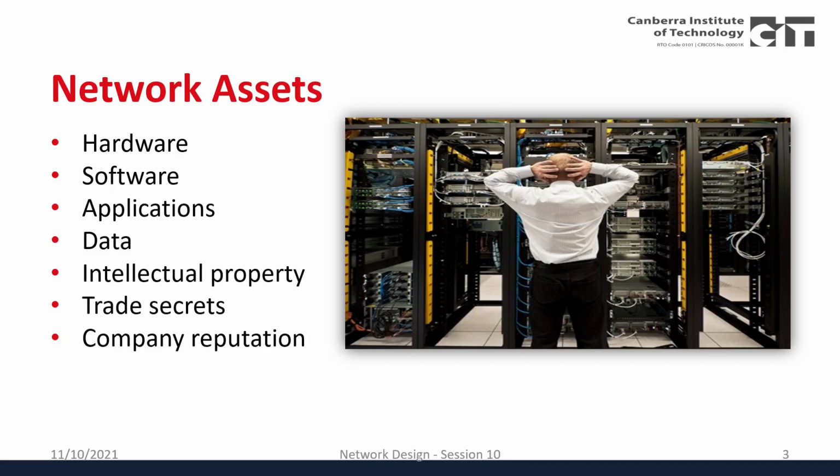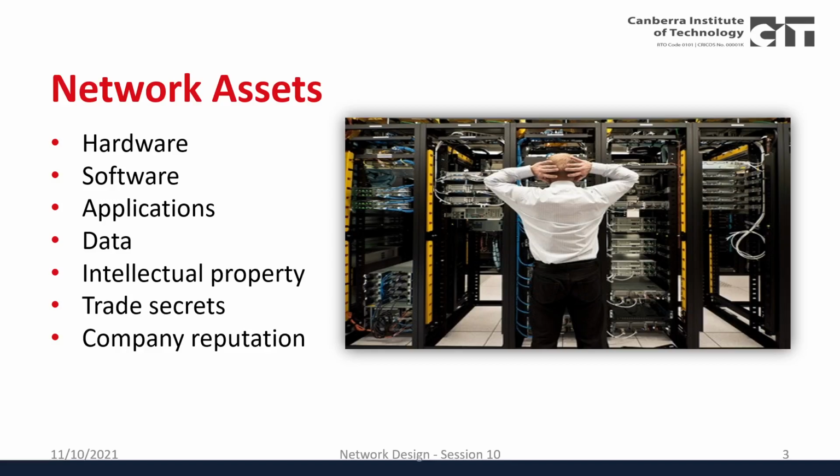So if we can't protect one of the points in the network, and that could be a server or a computer, a laptop or whatever, we basically have a vulnerability in the network. And this vulnerability can be used to then infiltrate the network and basically start causing havoc in the network.